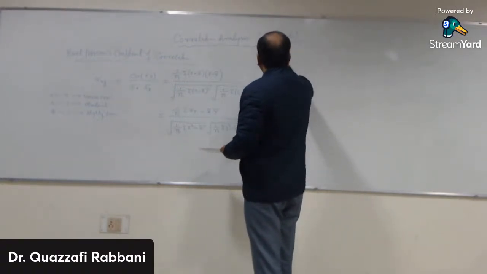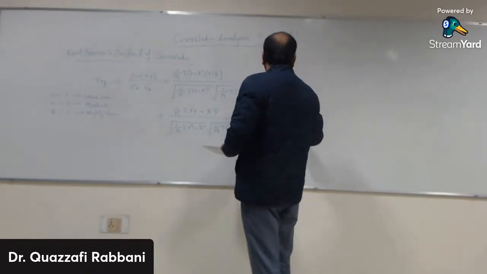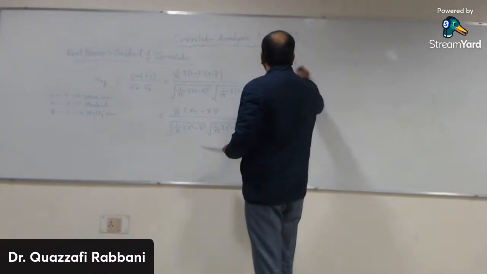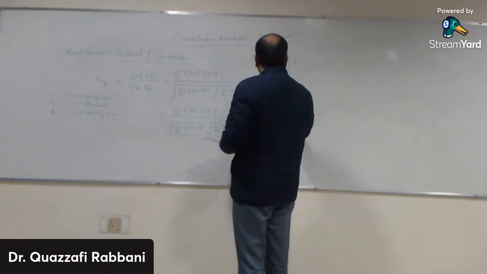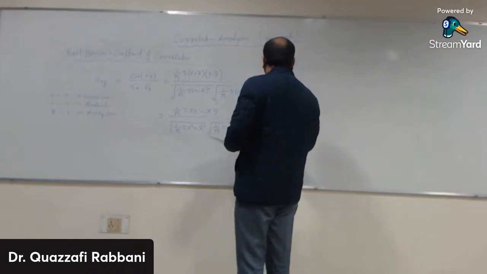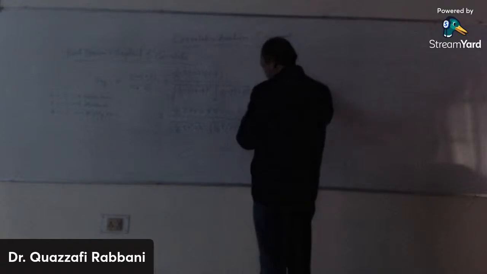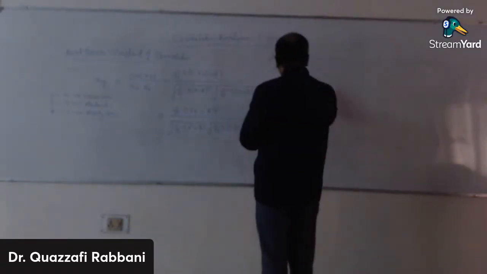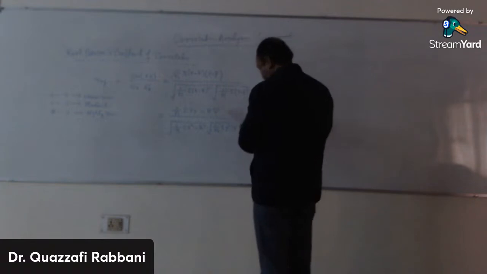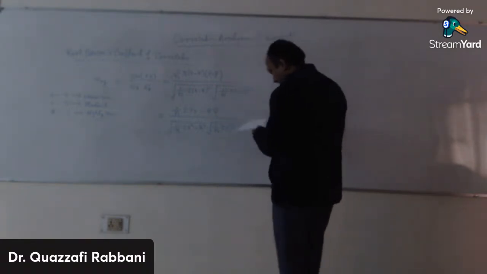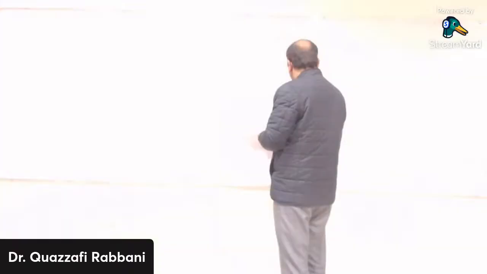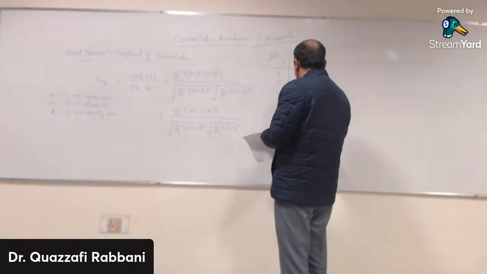The values of x and y are given like this: x is 2, 4, 6, 8, 10, and y is 20, 12, 18, 10, and 14.